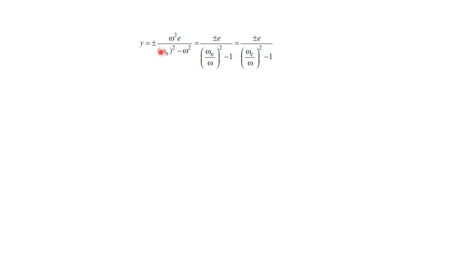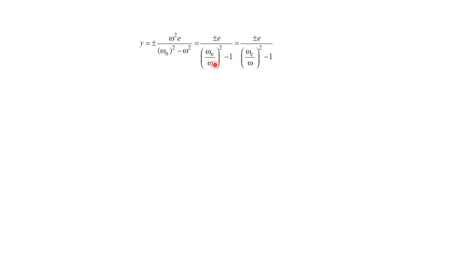So I can rearrange this equation, which is equal to plus or minus e by ((omega n by omega) all square minus 1), as I have divided by omega square in the numerator and denominator. You can see the denominator is (omega n by omega) all square minus 1.